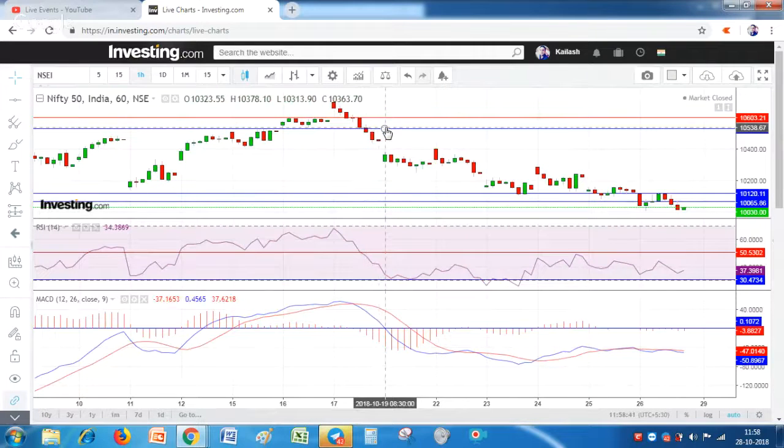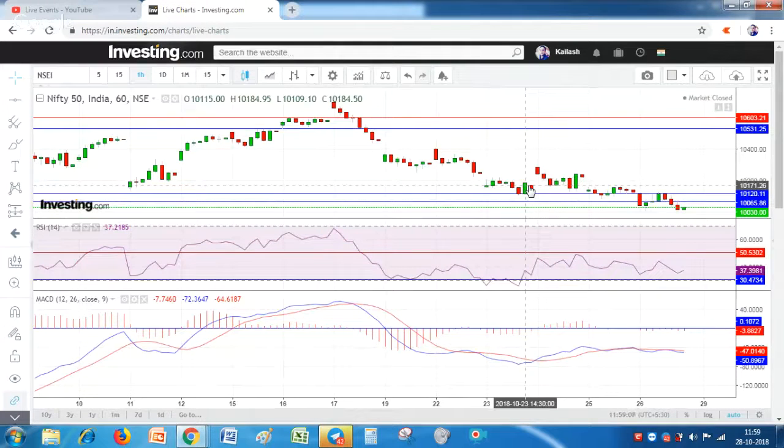Let us check from the 17th. The signal to take an exit came on the day when RSI crossed above 30 from below and sustained. Around this level we should have taken an exit.